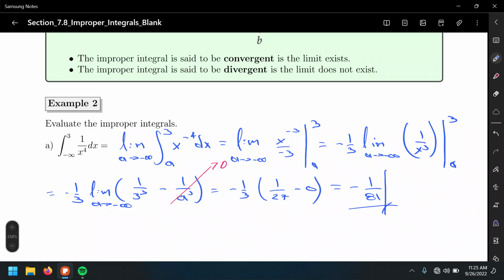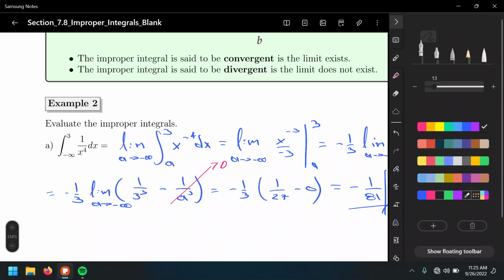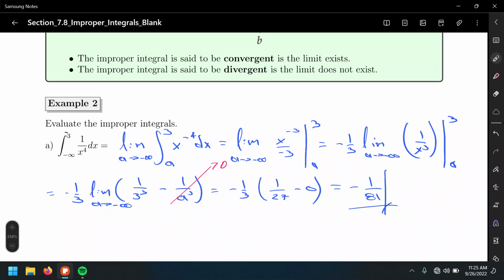Question? Earlier it said that if f is continuous over the range, we can... Do you know what? I just realized that at the beginning when I did this problem, it's not continuous at 0, right? So to fix this issue, how about we integrate to negative 3 instead?